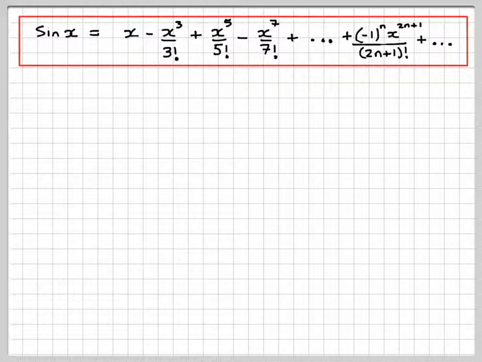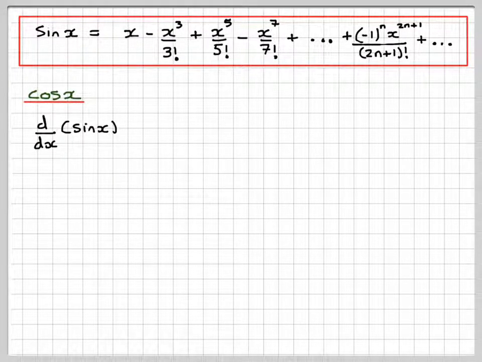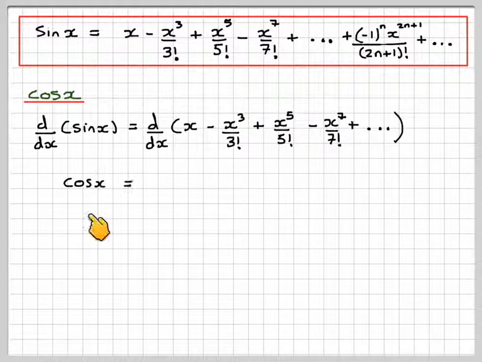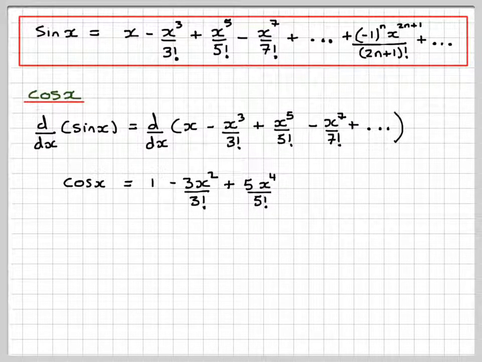Now to do cos x we could repeat that, but if we just differentiate this, so d dx of sin x will be d dx of all this. So d dx of sin x is cos x, and d dx of x is 1, and this will become 3x squared over 3 factorial plus 5x to the 4th over 5 factorial minus 7x to the 6th over 7 factorial.